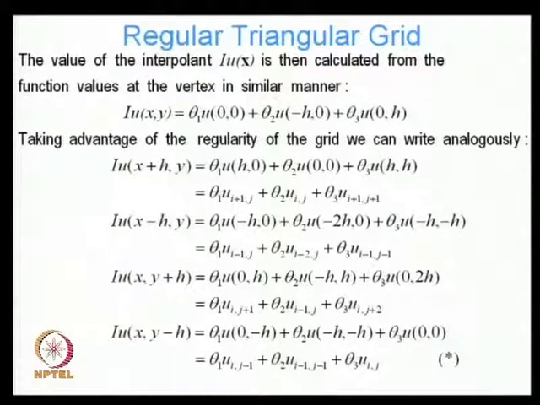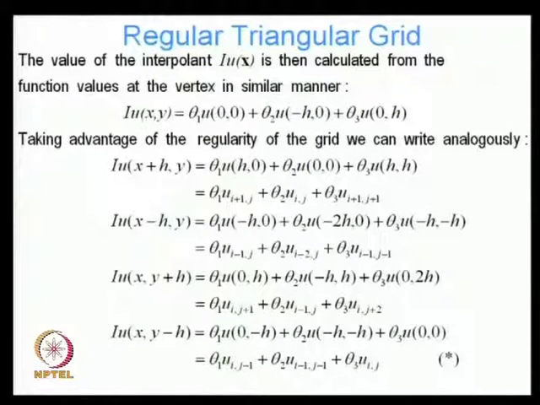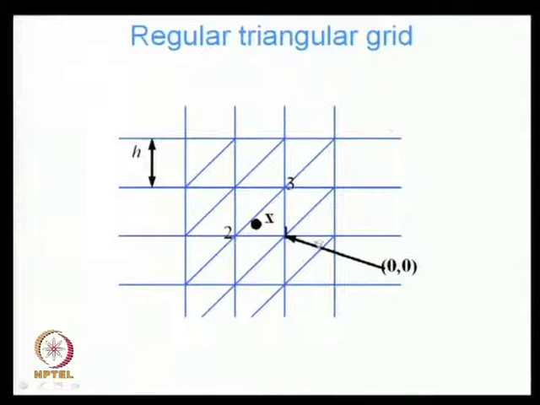If I want to evaluate u at x y, where x has two components x and y, I do that by taking theta 1 times u at 1, which is u at 0 0, plus theta 2 times u at 2, which, if this is 0 0, must be minus h 0, and u at 3, which must be 0 h.